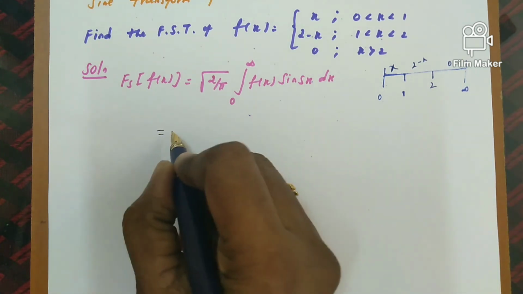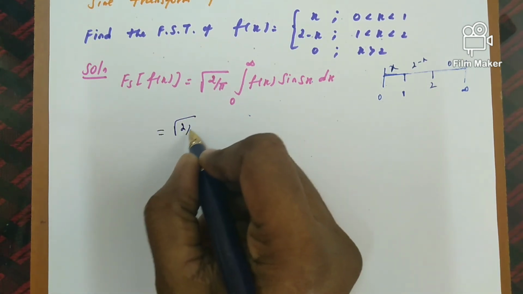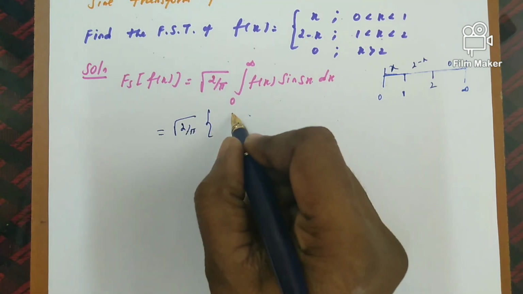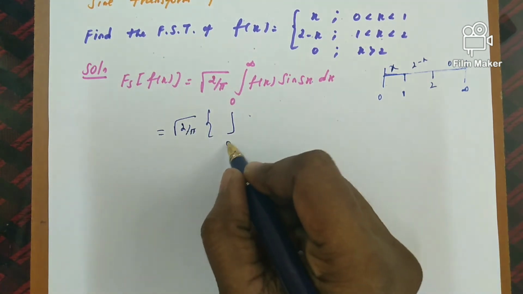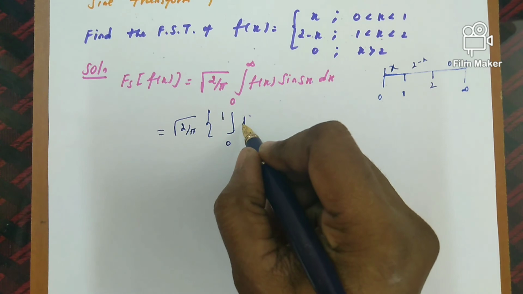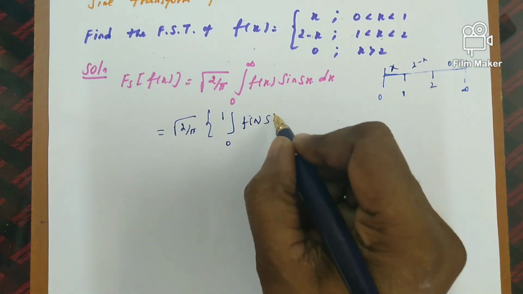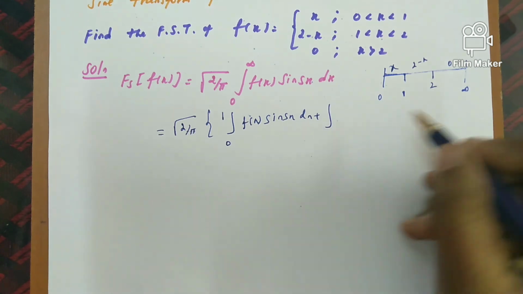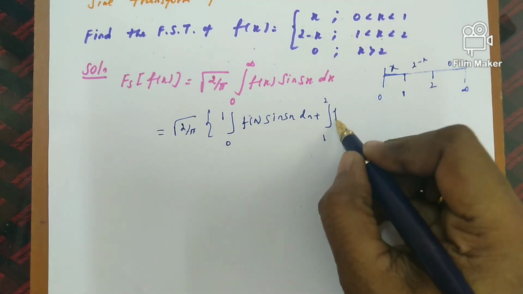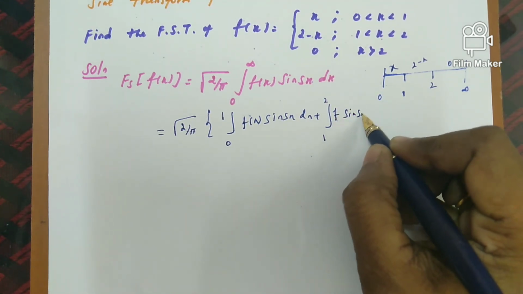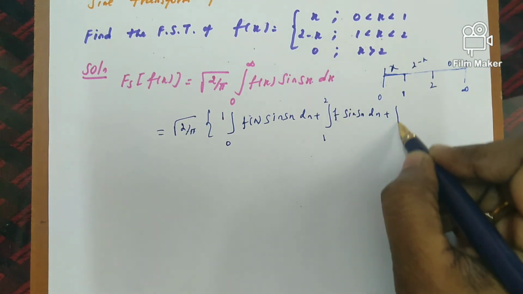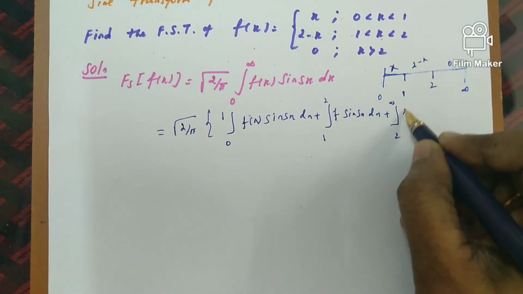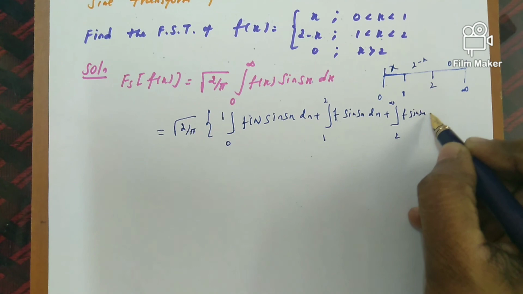Which is equal to root of 2 by pi, integral 0 to 1 f of x sin sx dx plus integral 1 to 2 f of x sin sx dx plus integral 2 to infinity f of x sin sx dx.